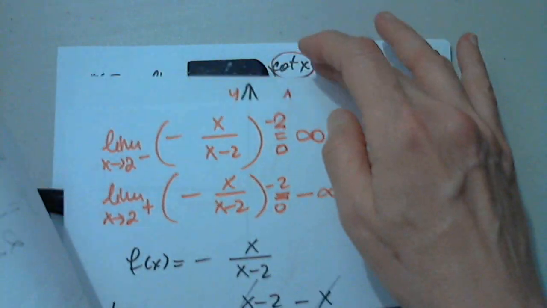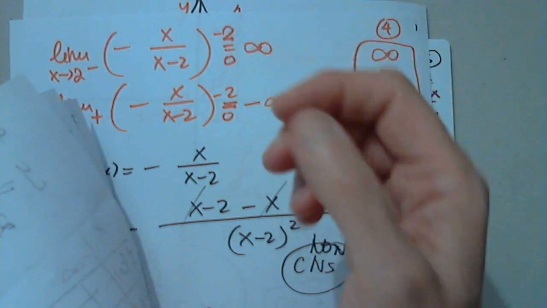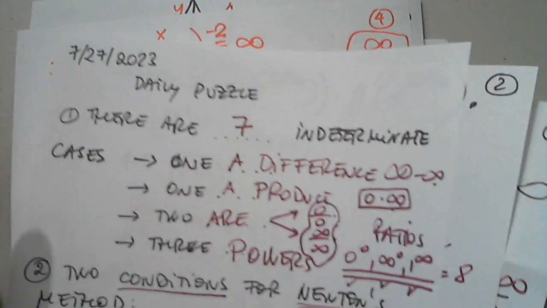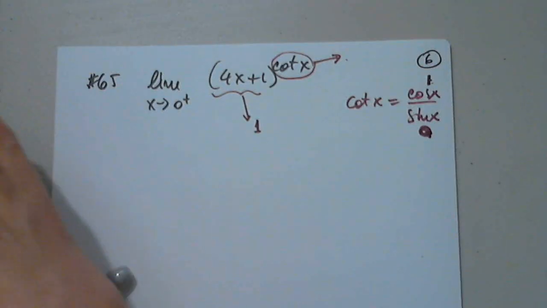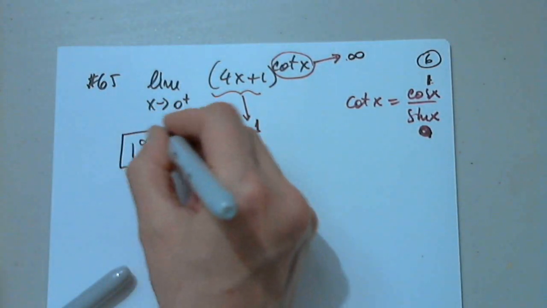Negative 2 over 0 is no different from 1 over 0. And they're both positive. Infinity. Thank you. Awesome. So look at that. Trouble.